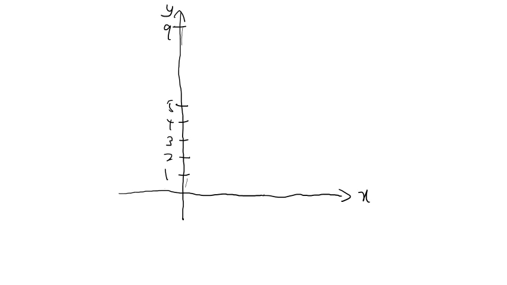So 9, and then 5, 4, 3, 2, 1, and the x-axis right here. So this is x, y, and then here -1, -2, and then here 1, 2, 3, 4.